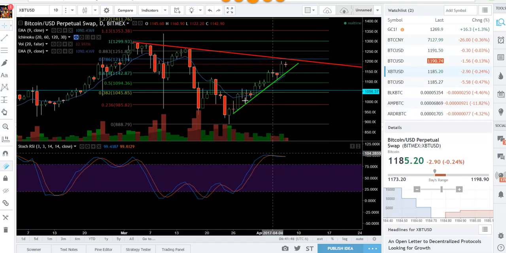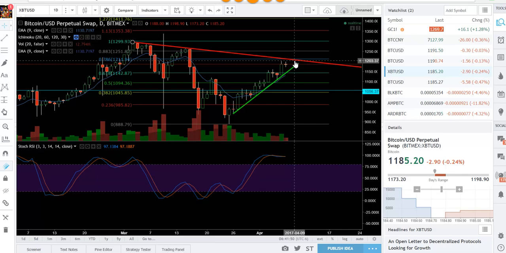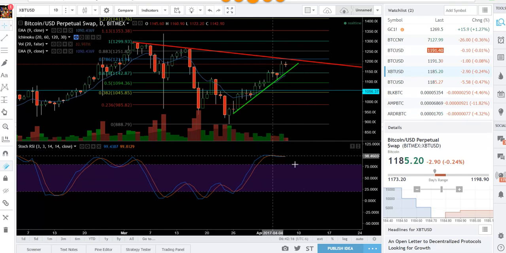Meaning that if the price comes up here and starts hitting this resistance area and we really break down and don't make it through this red line, and the price starts to come to the other side of this green line and breaks this support, and we get a crossover here where the daily starts pointing down and getting weaker, then that's telling me that we didn't make it through resistance, we're breaking down our support, and our daily strength is getting weaker. Okay, so you want to keep that in mind.